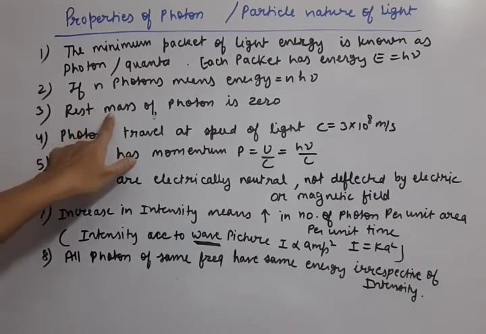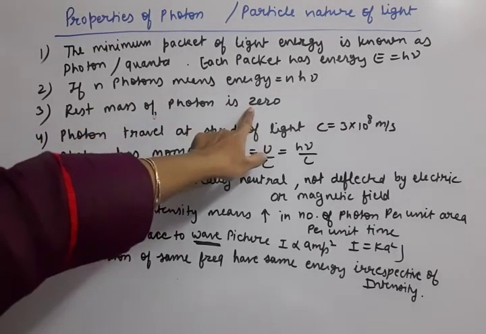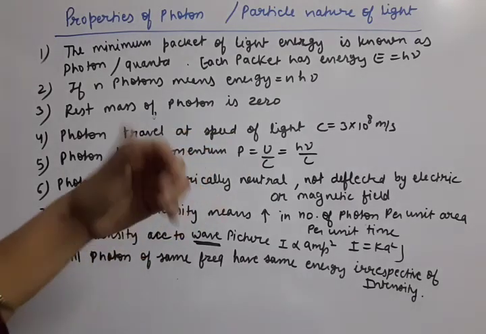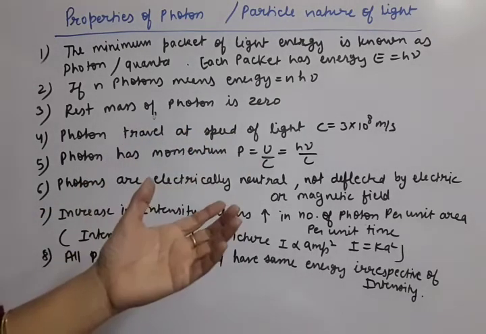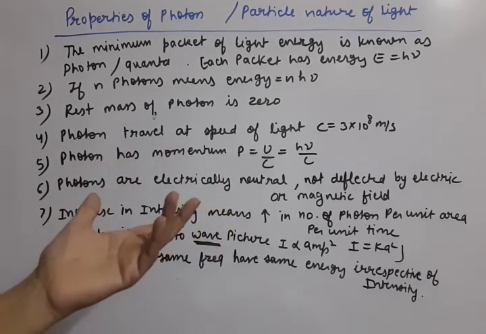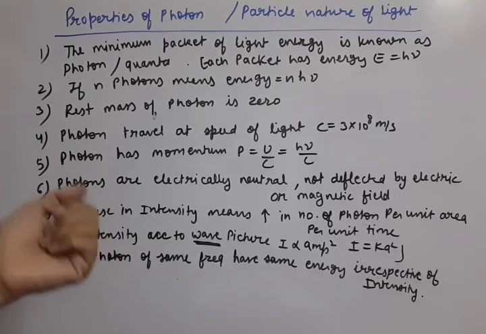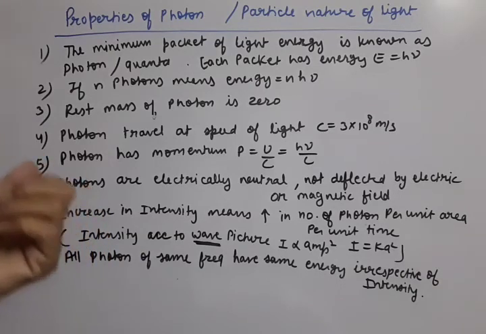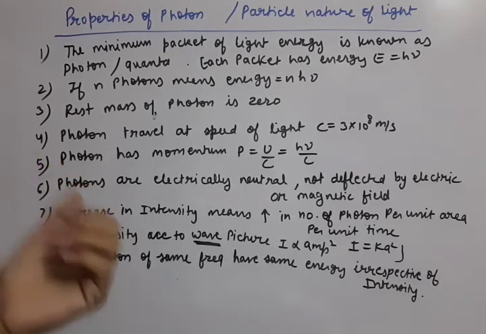That means only the rest mass is 0. Rest mass means when the photon is at rest, at that time it doesn't exist. That means it only exists when it is moving. Moving mass is not 0. So the meaning is that the photon will always be moving. A photon is that particle which is always moving.